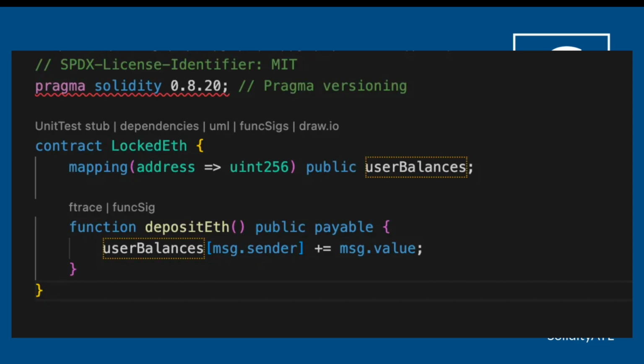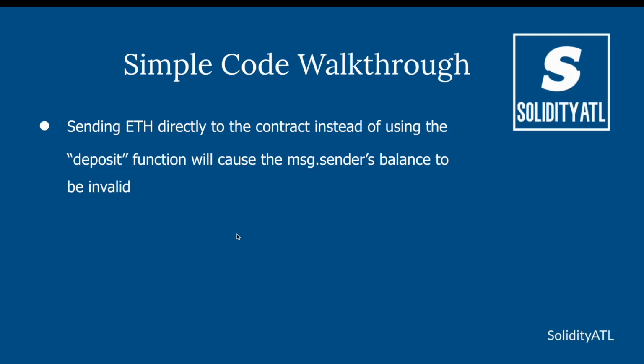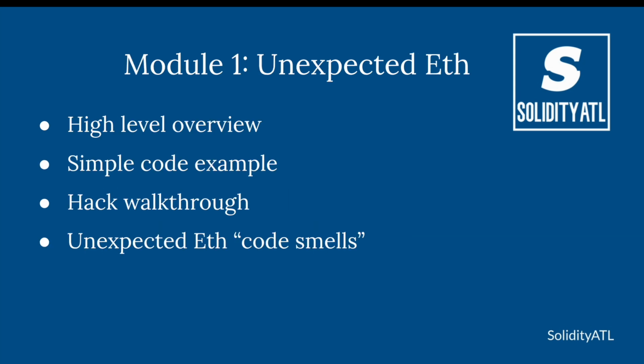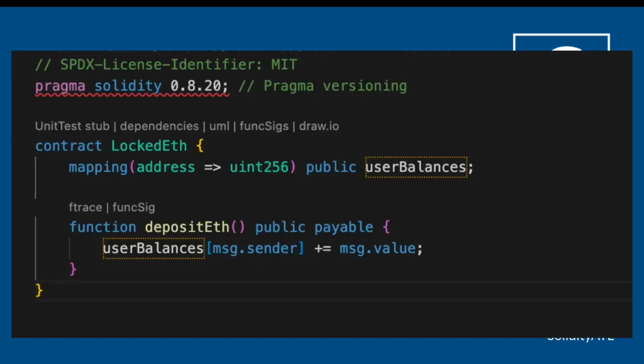Another angle to look at this is there's a deposit ETH function, but there's no ability to withdraw. I know we talked about the fact that we're really talking about sending unexpected ETH, but another vulnerability that I'd like to just throw in there is the inability to withdraw ETH when there is unexpected ETH deposited into that contract.